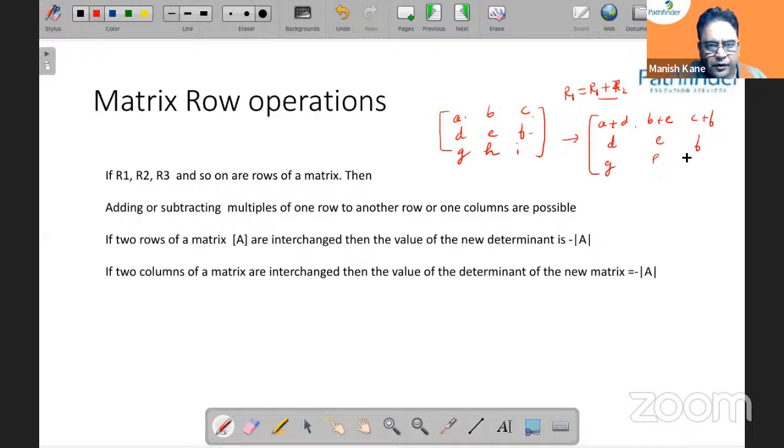This is a row operation. When I perform a row operation, the value of the matrix remains unchanged, that is, there is no change in the determinant value of the matrix.